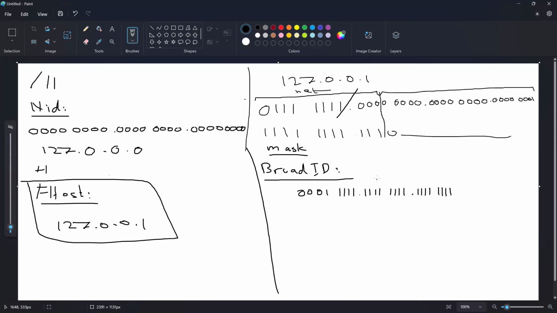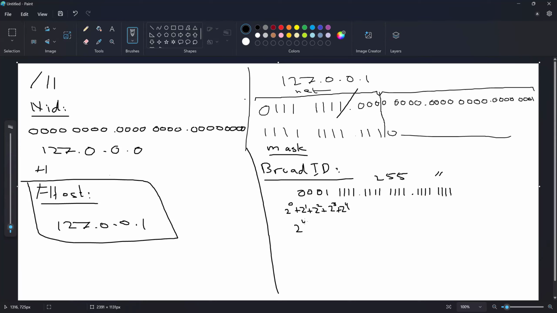So we already know this is 255. This is 255. So we just have to convert this. And this is 0, 1, 2, 3. So one more time I'll write it. So this is 2^0 plus 2^1 plus 2^2 plus, 0, 1, 2, 3, 4.